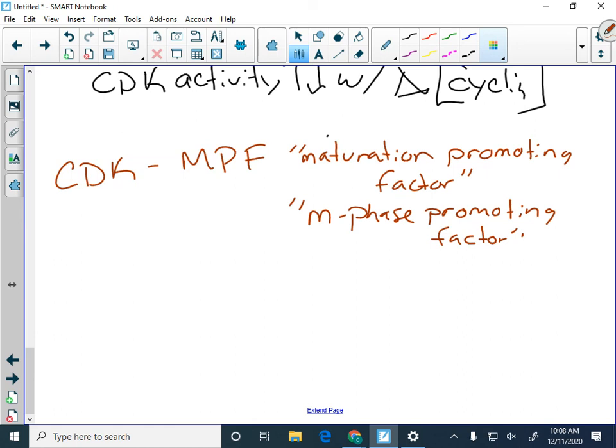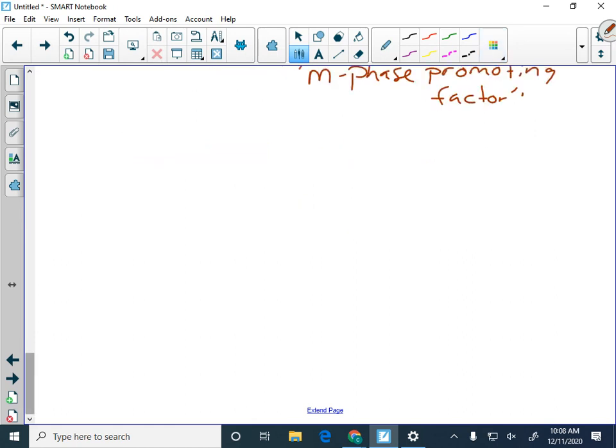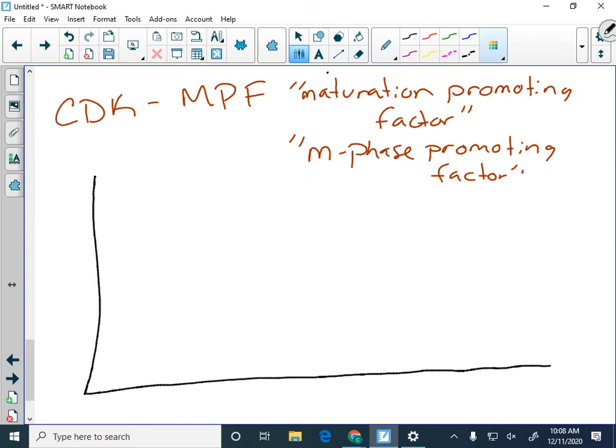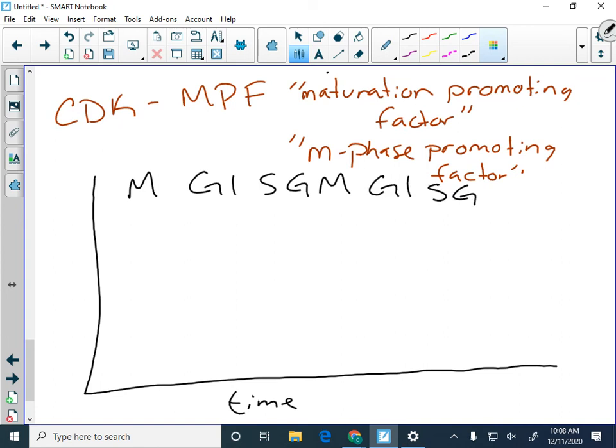So if we were to look at a cell or look at a bunch of cells, we've got a graph where this is time, and we've got it divided up into M phase, G1, S, G2, M, G1, S, G2, M, G1, etc. All right, we're just writing the cell cycle.